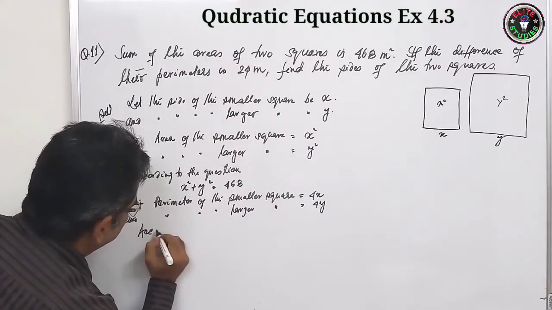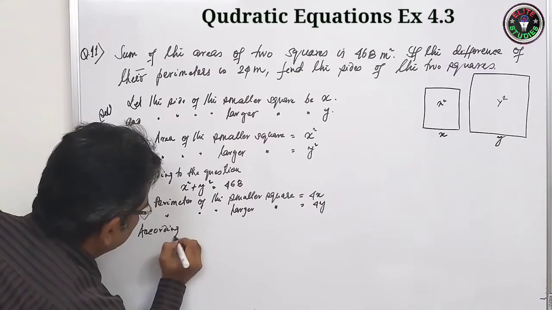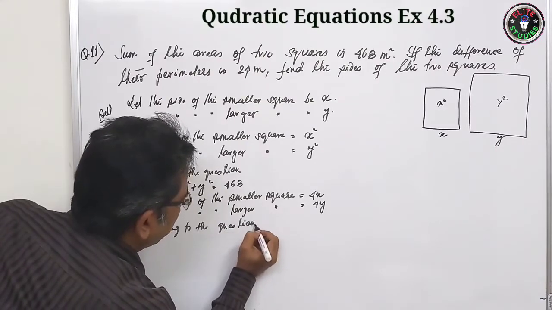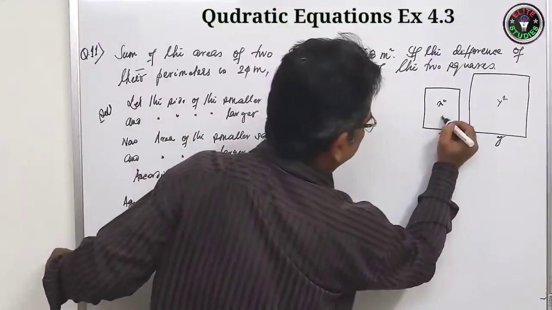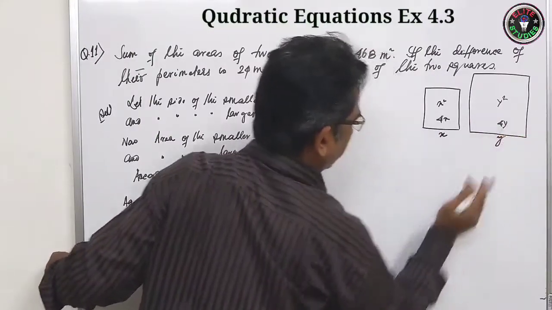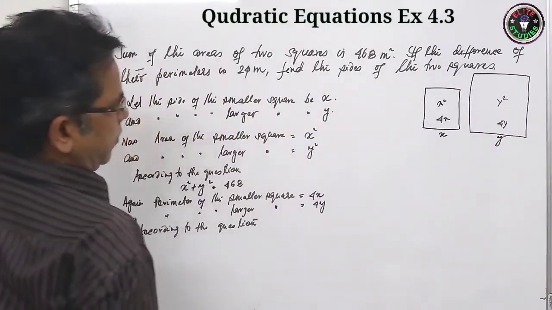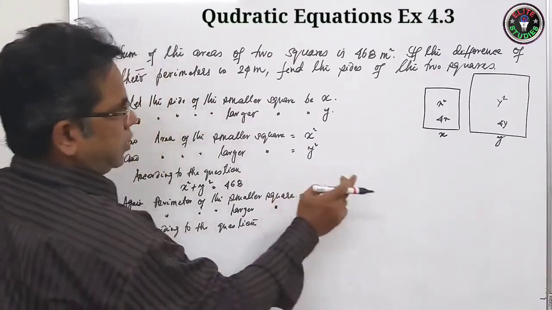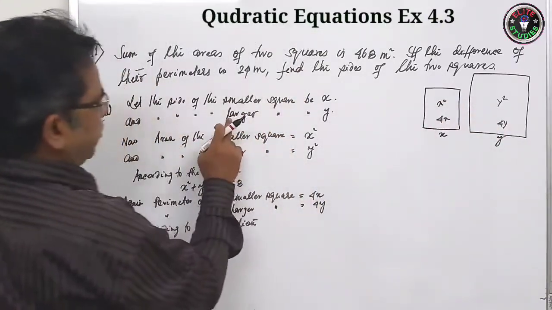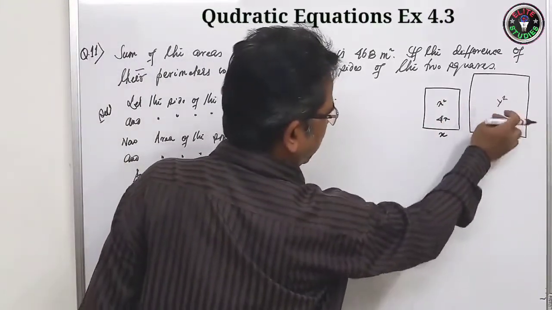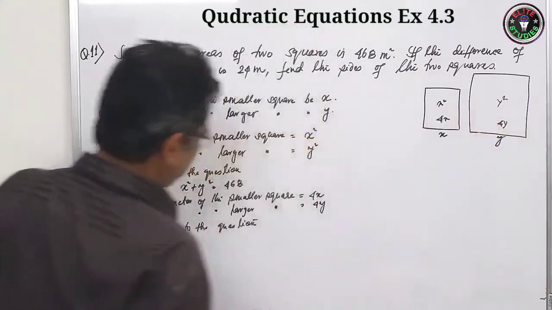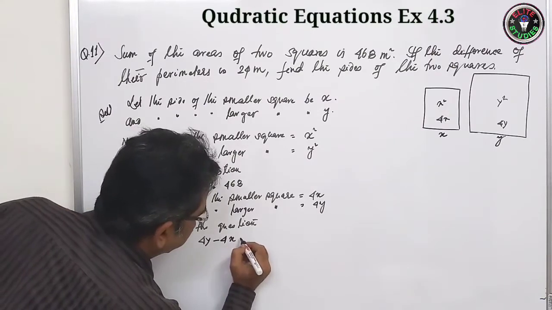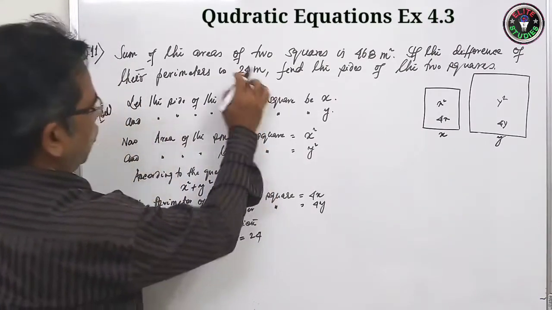According to the question, the difference between their perimeters: the larger square's perimeter will be more, so 4y minus 4x is equal to 24.